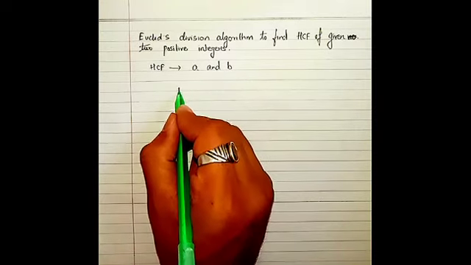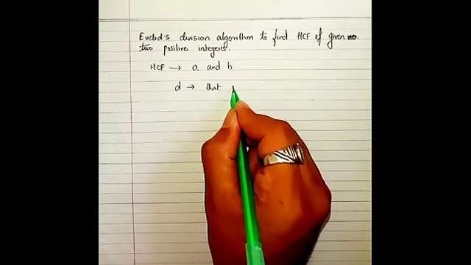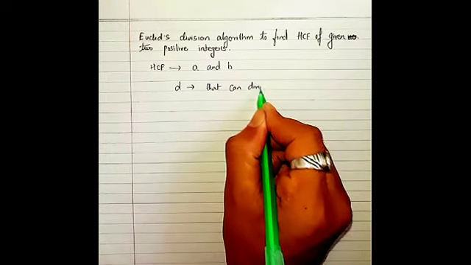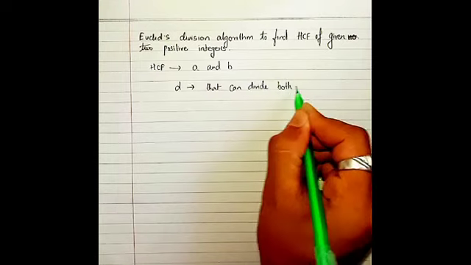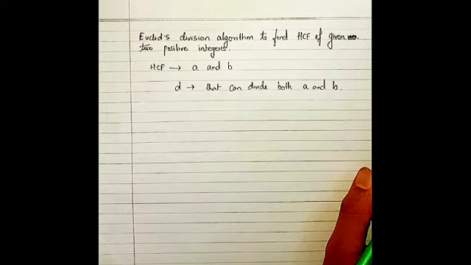That means d is the largest positive integer that can divide both a and b, leaving remainder 0.